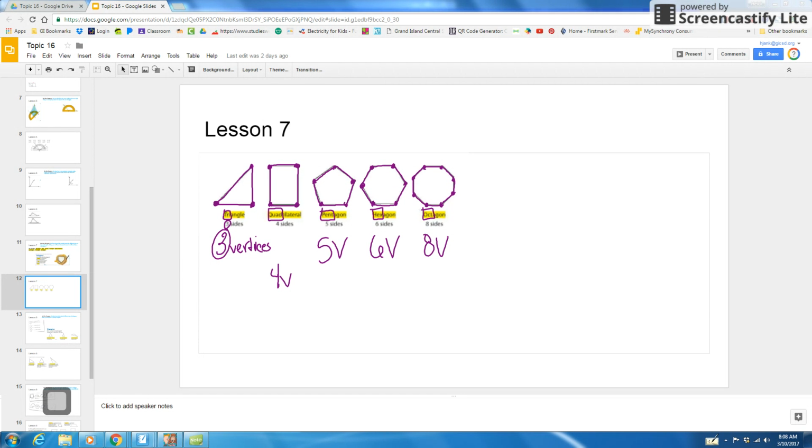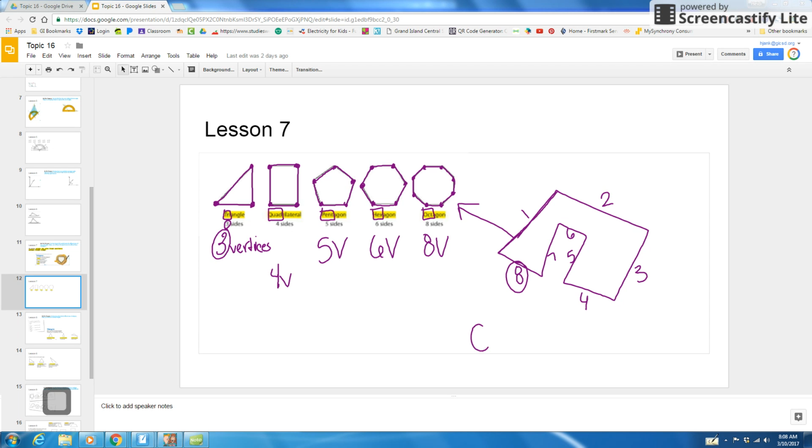So even if I drew something like this, okay, I know it's not perfect, but let's say I drew that shape. I could say, well, 1, 2, 3, 4, 5, 6, 7, 8. So it's an 8-sided figure. It may not look just like that octagon, but because it has 8 sides, it would be an octagon.